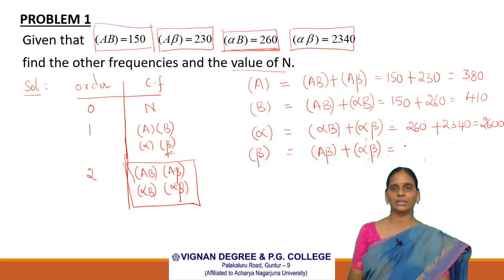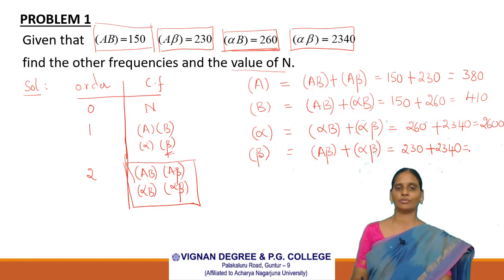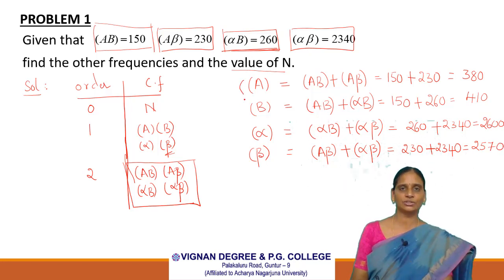Frequency of A beta is 230 plus frequency of alpha beta is 2340. 230 plus 2340 is 2570. So these are the first order class frequencies.